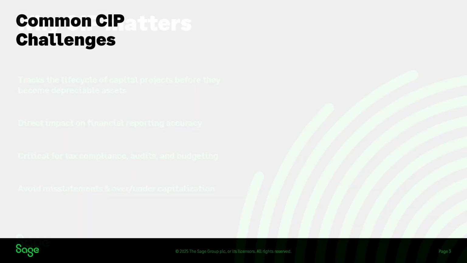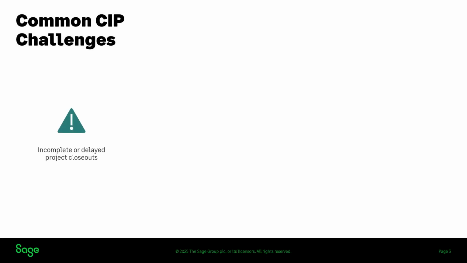Just so we're clear, CIP is really tracking the projects of fixed assets before they become fixed assets and capitalized assets. So some people get caught up on the word CIP or the meaning of construction in progress, where it's not just construction projects, right? It could be anything.